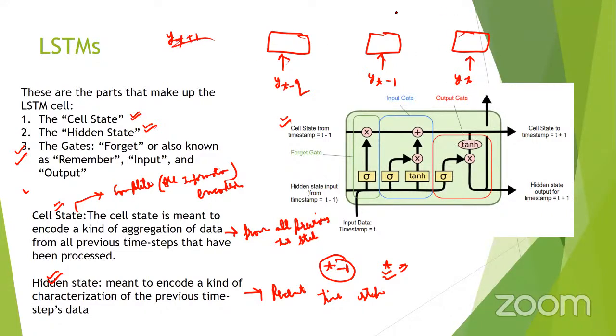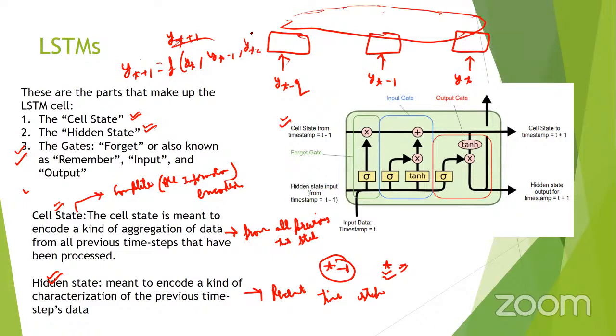There is a complete architecture of my neural network having LSTM cells in it that is trying to learn the function: Y(T+1) is a function of Y(T), Y(T-1) and Y(T-2). These inputs are directly connected to your LSTM cells. The cells are interconnected with each other so that your previous time step data will be passed on to the next time step.